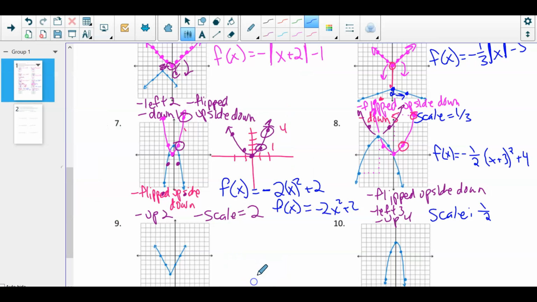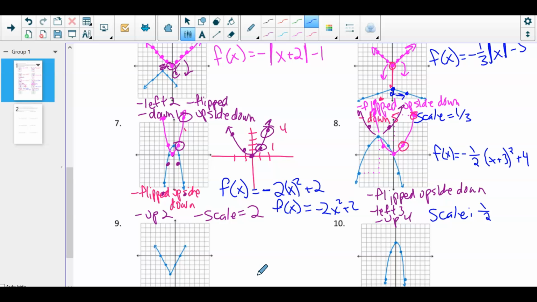So the points that were originally on there, I'm just going to write these down really fast. We had negative 7, negative 4.